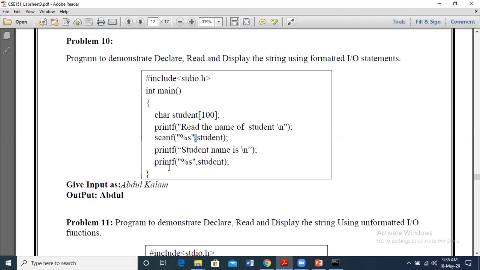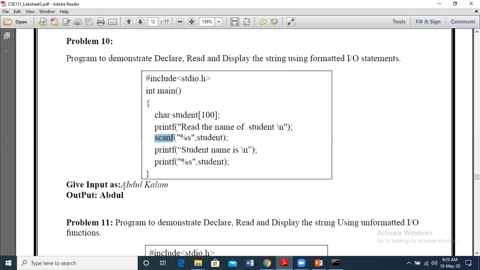Next, any doubts? We are printing the string using the printf function. So percentage S is the format specifier, comma, name of the string, student. Here the space is identified as the end of the string. If we are taking input using scanf, it considers only the first word.